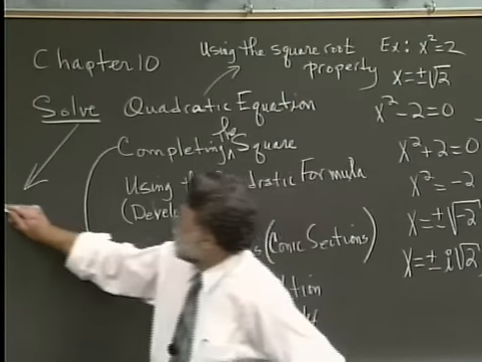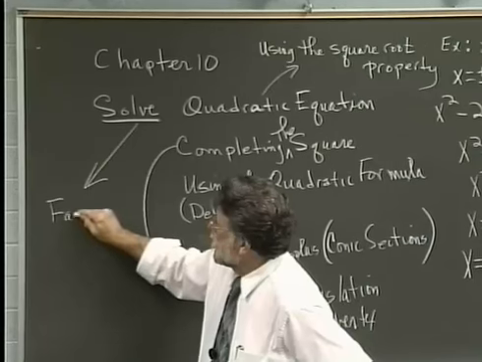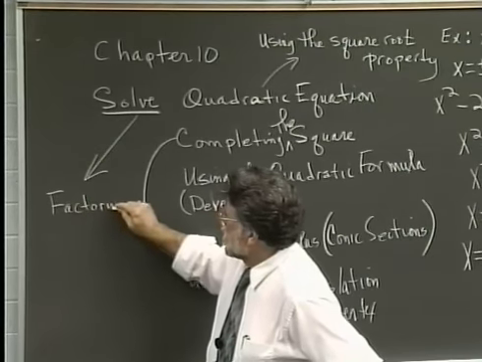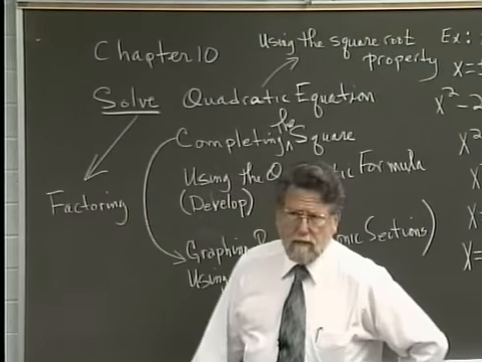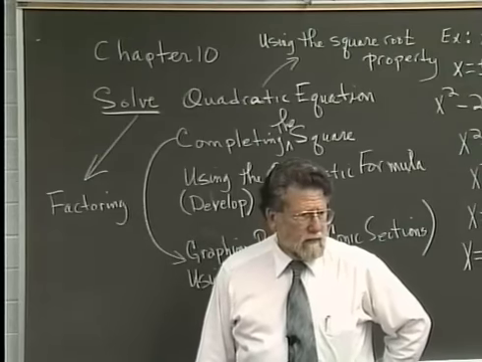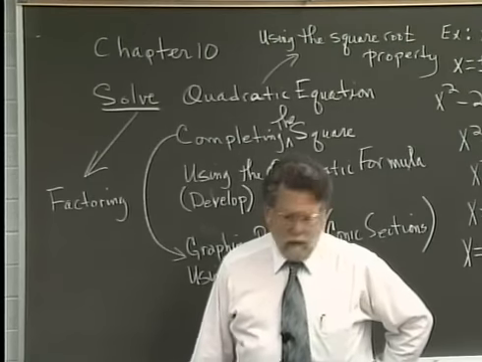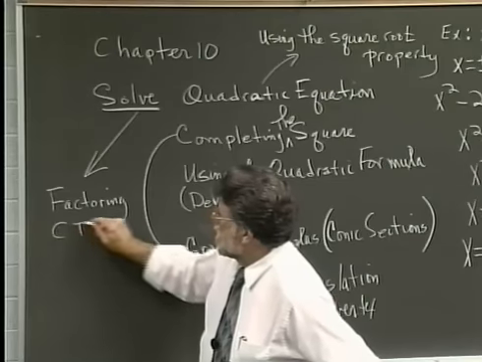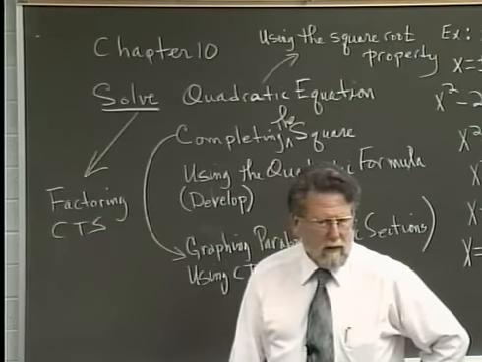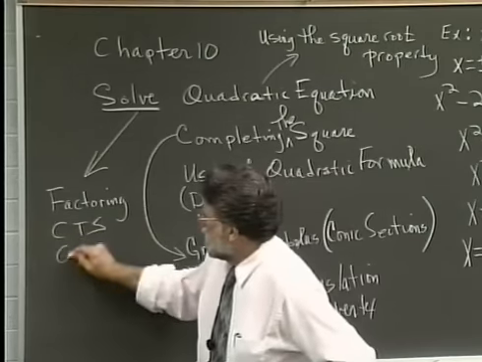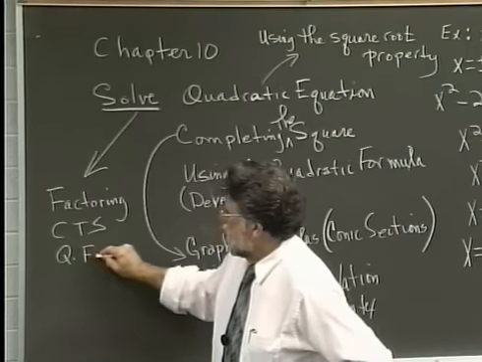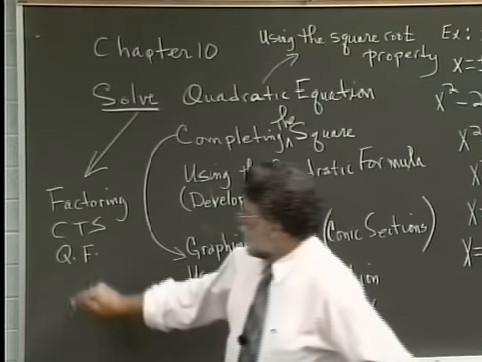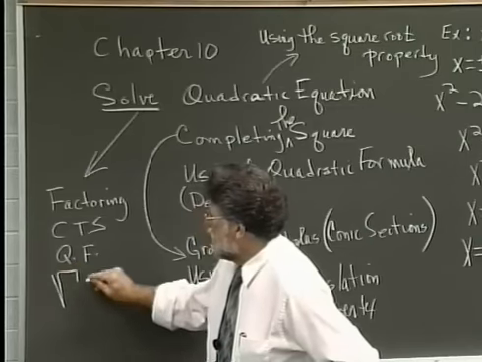Factoring. Okay, factoring. So we can do a factoring. What else can we do? Complete the square. Or quadratic formula. Or, I'm going to just put a radical there, square root property.